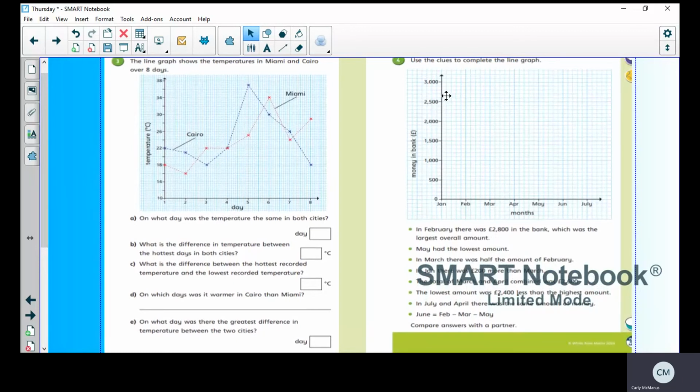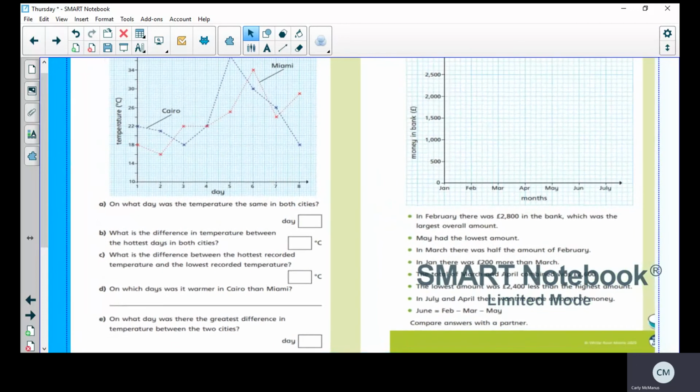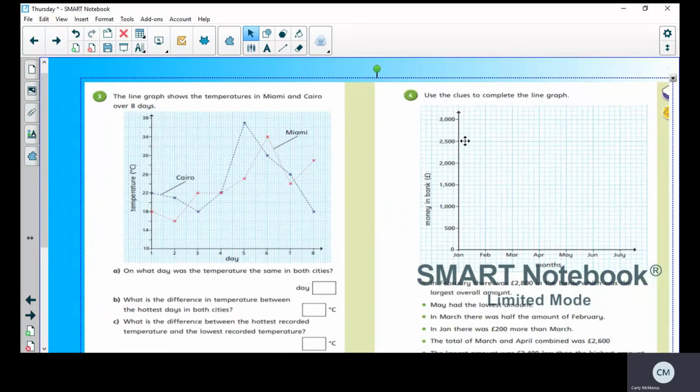And each one of these squares represents 100. So if you're looking for 2,800, maybe if I can zoom in a little bit, then that's 2,500, 2,600, 2,700, 2,800 would be there. So you go across, and there's February, look, and you put the X there.